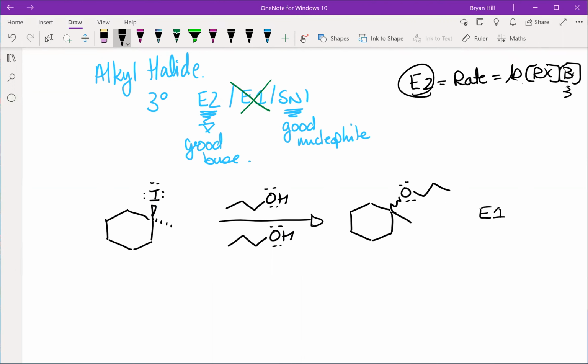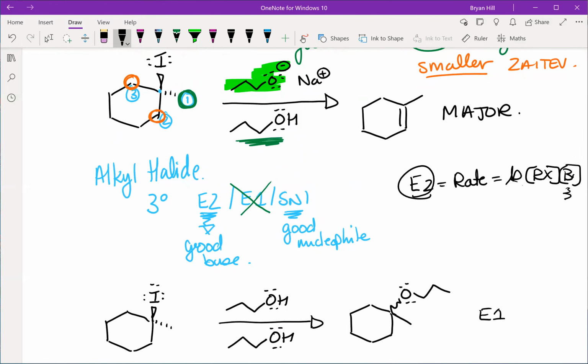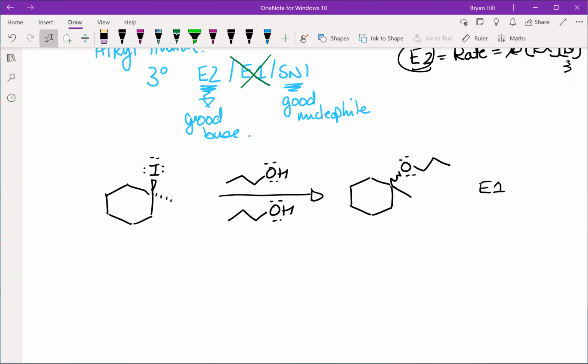But that's how you would do it, and if you wanted to do a substitution reaction to put propanol on there, you would want to make sure that there was no base there. This isn't a particularly good nucleophile.